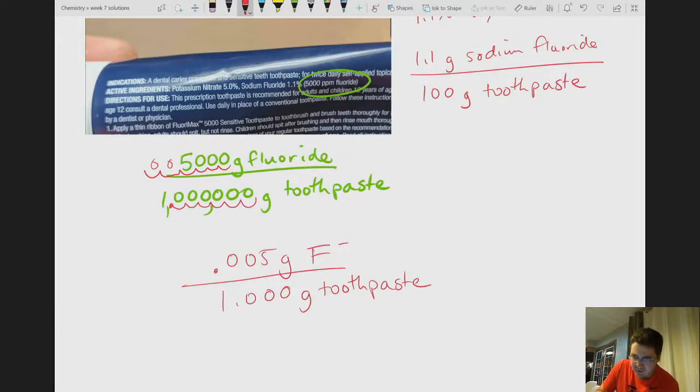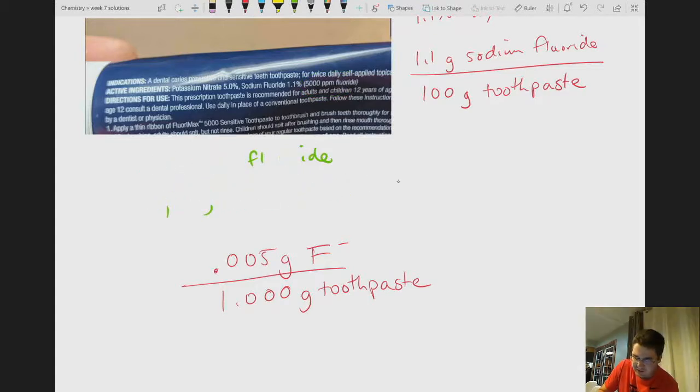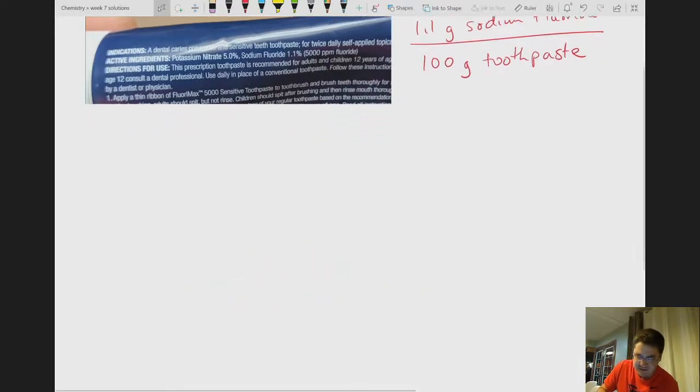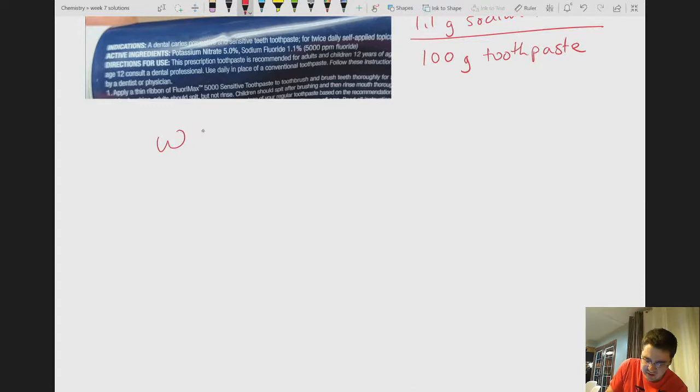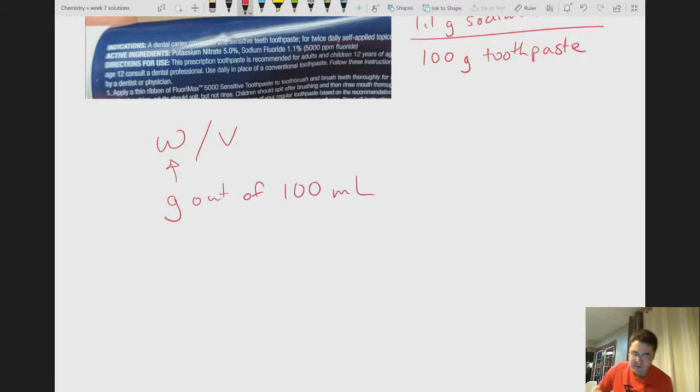And then I wanted to talk about one more thing, and this is what the little question on your week 7 category is. It's going to ask about something, a W per V, and that's a weight per volume. What this means is grams out of 100 milliliters.